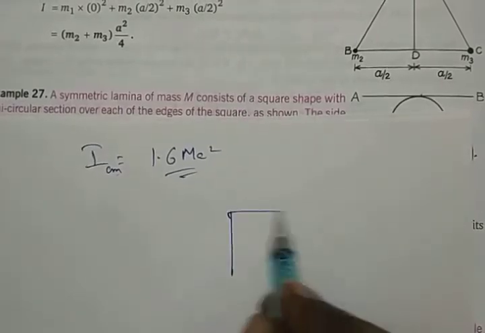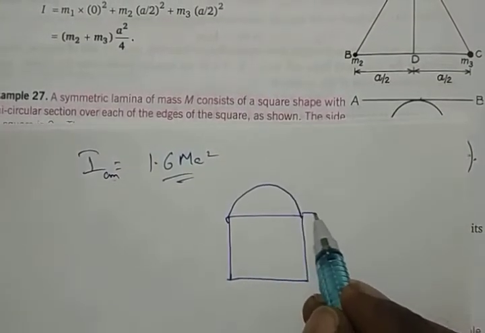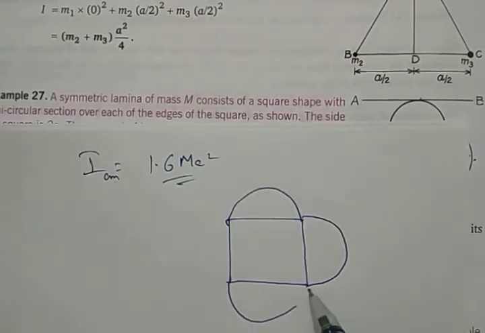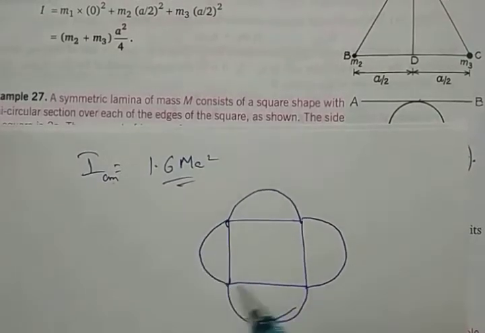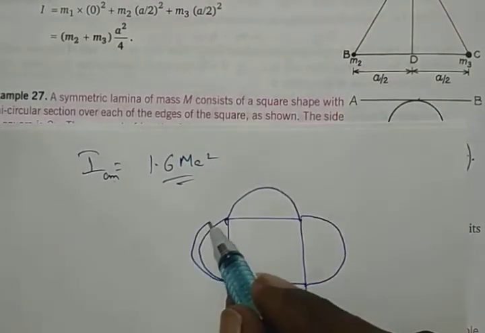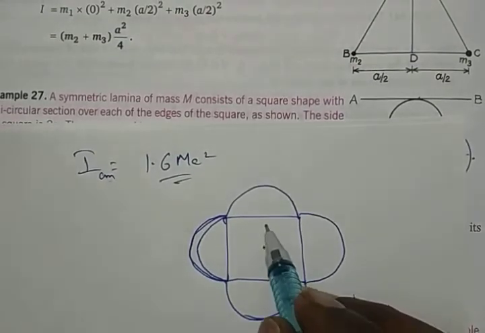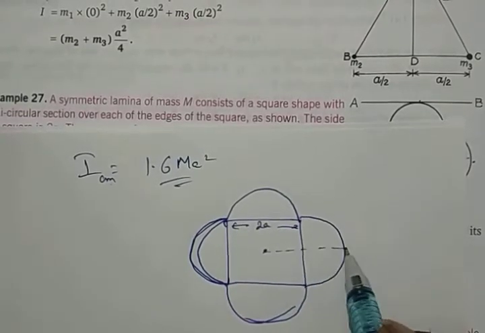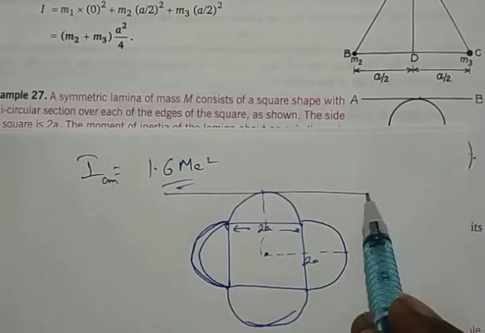So if I try to draw this particular thing, this is 2A and this is also 2A. This is also 2A, right? And I have an axis here.